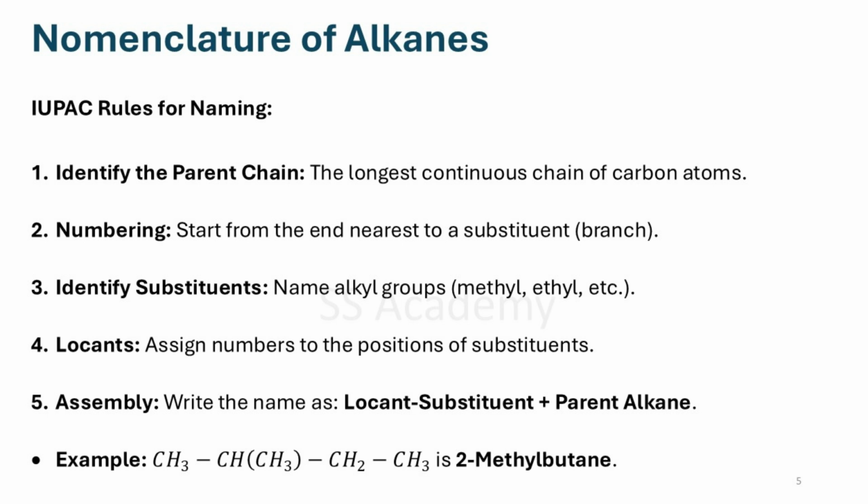For example, if you have a 4 carbon chain with a methyl group on the second carbon, the parent chain has 4 carbons, so it is butane. The methyl group sits on the second position, therefore it is called 2-methylbutane.